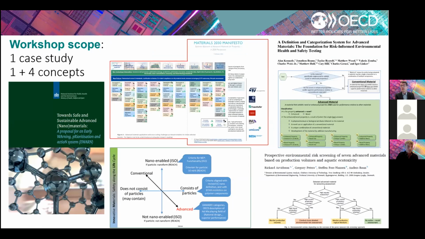And in the middle, you see we also embedded the perspective of the Advanced Materials Initiative, the AMI 2030, which gives us a very good idea of the coming attractions on the market. And then we applied on the lower right, the so-called Arvidsson scheme, which is mostly also a regulatory preparedness tool.